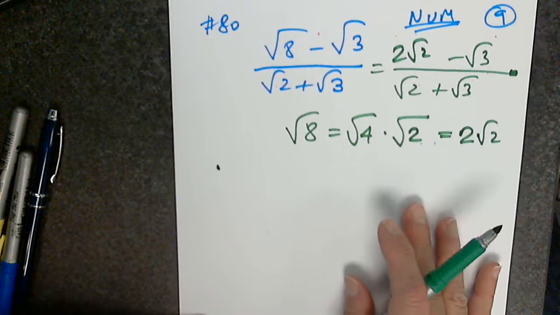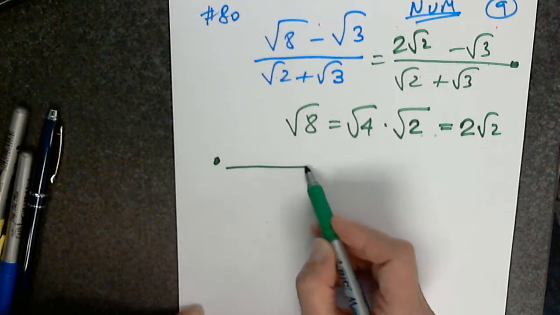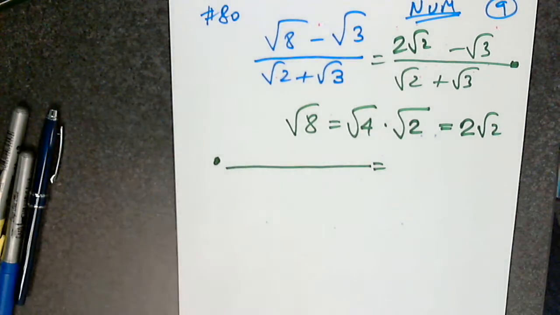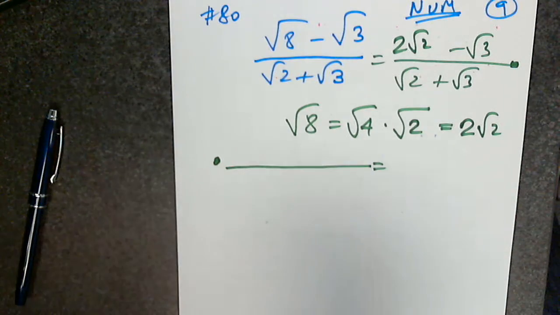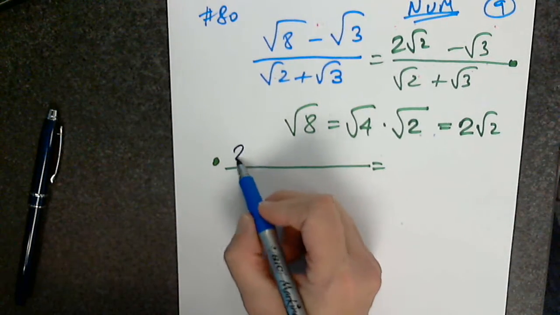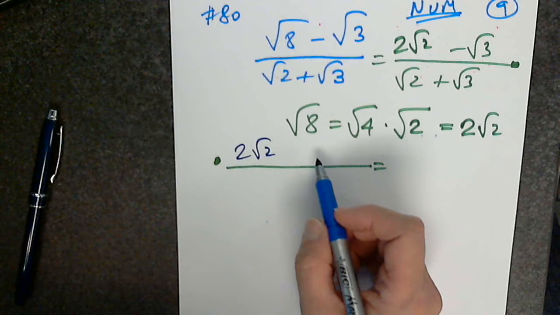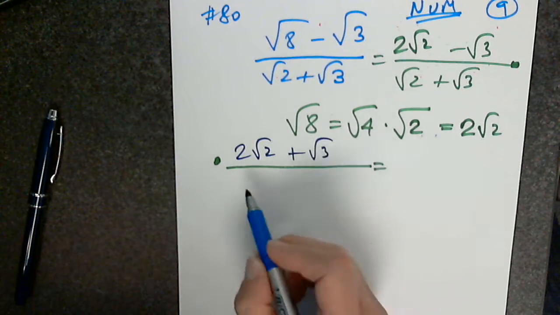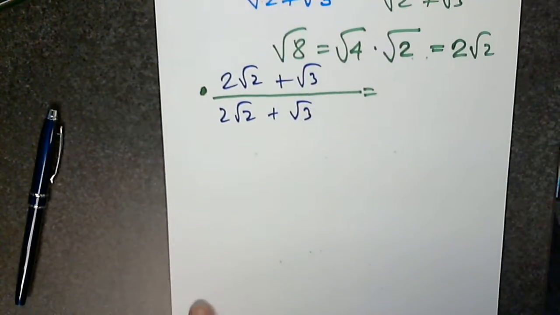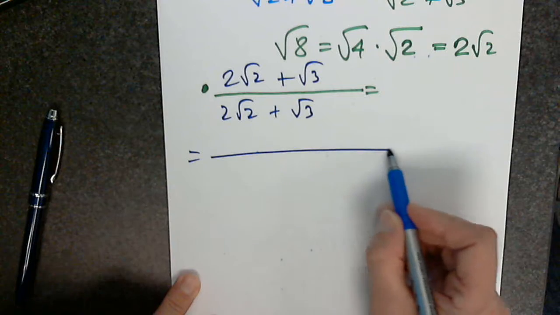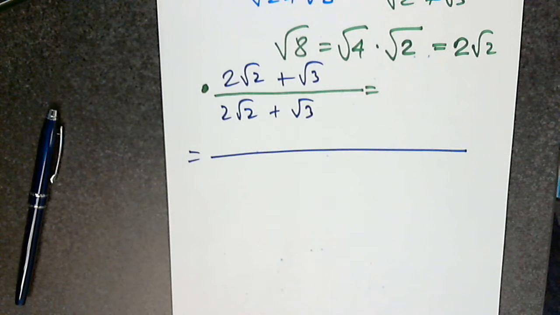These are terms. You cannot simplify. So tell me what you need to multiply and divide by to rationalize the numerator this time. Very good. Indeed. The numerator is easy. The denominator needs some time.